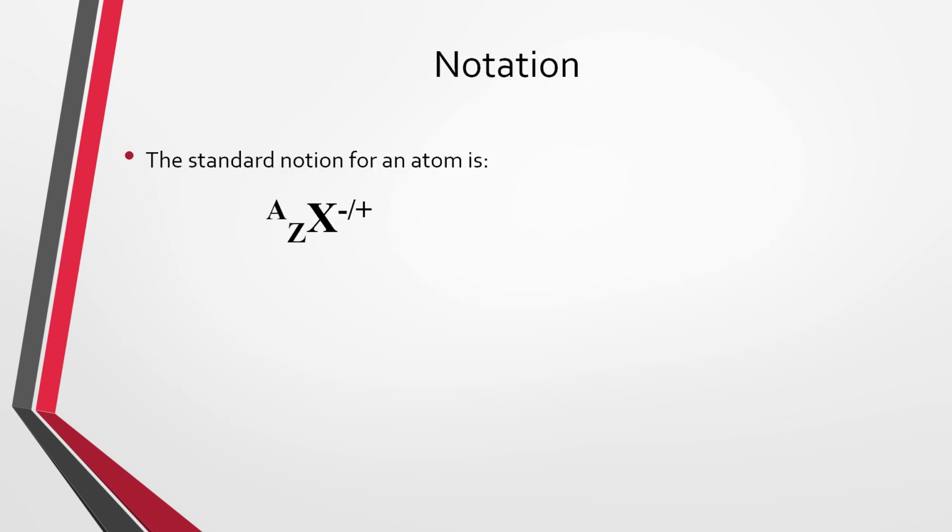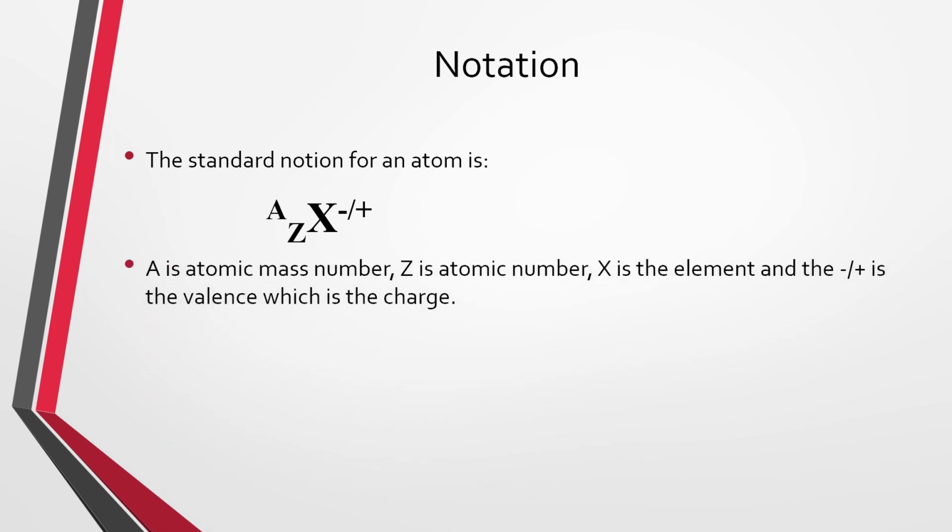We'll talk about notation, and as you can see here, the standard notation for describing an atom is in this format. There's a superscript A, a subscript Z, and then an X with a plus or minus. We'll talk about what these mean here.